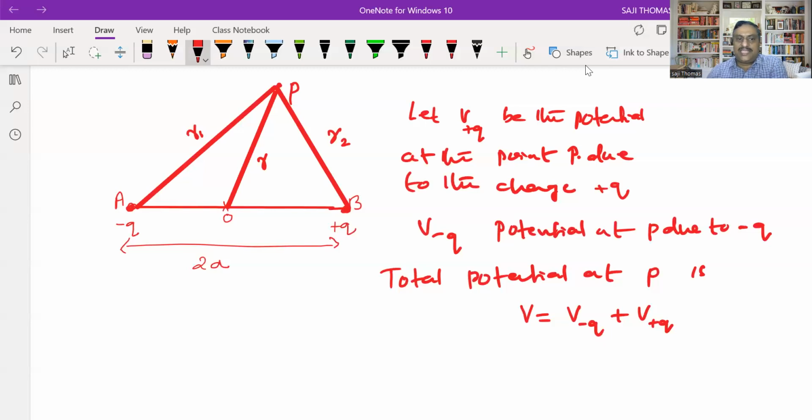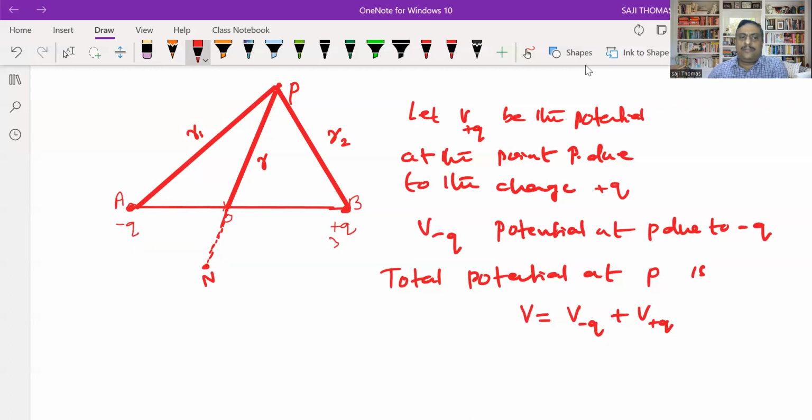If you extend the line OP this way, mark this point as N.